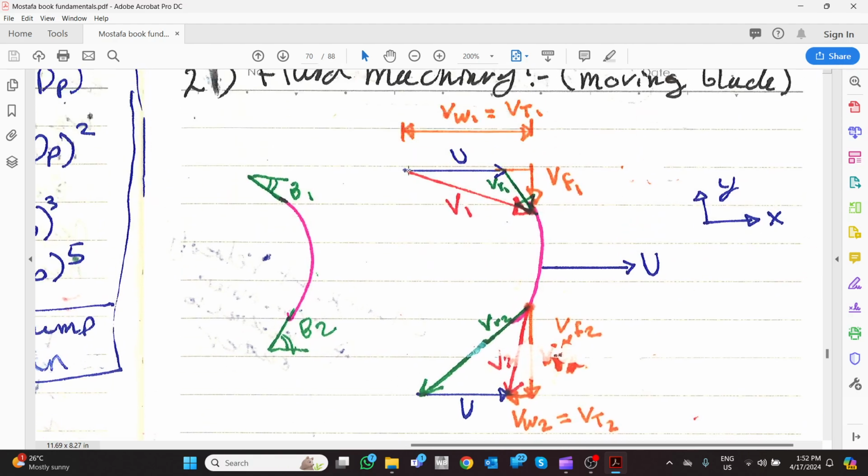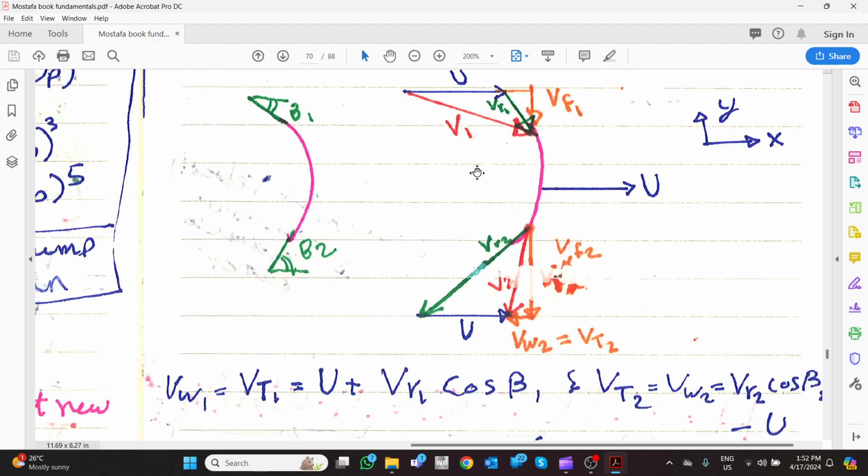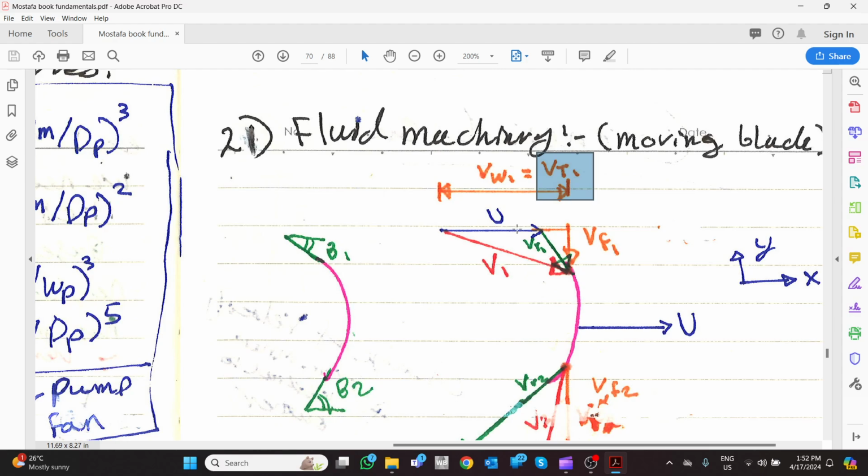From here we know the x component of the velocity V1; we will name it the whirling velocity or tangential velocity. Some textbooks use whirling velocity and some use tangential velocity. Here we know this line is the whirling velocity. It is u plus the horizontal component of VR.